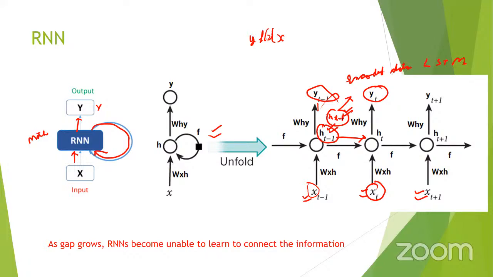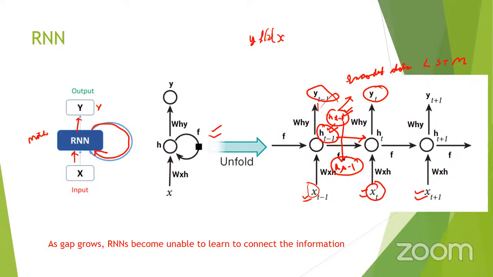So it will also know some of the relationship that is encoded inside this ht minus 1, which is storing the information of the previous time step itself. So it will get to know that something is happening in my past, and that may or may not be useful for predicting my future. In this way, your simple basic RNN models will perform, right?